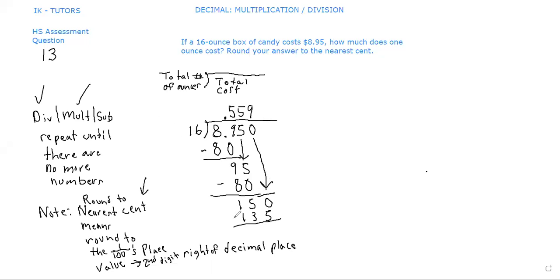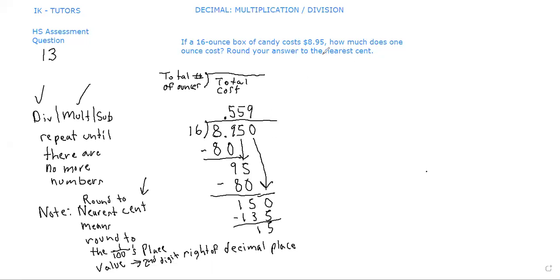The subtraction. 150 minus 144 is going to give us 6.